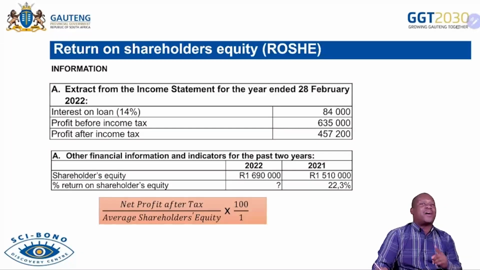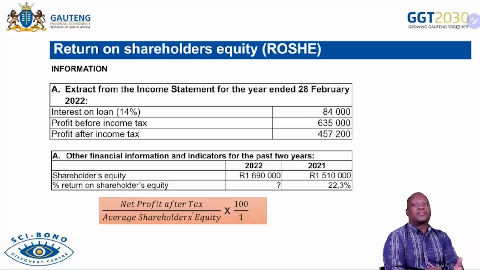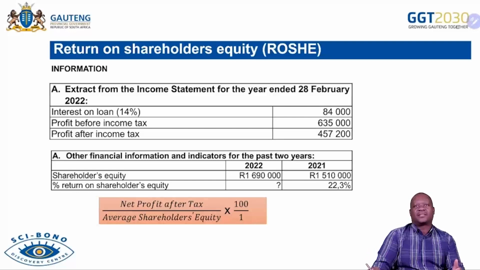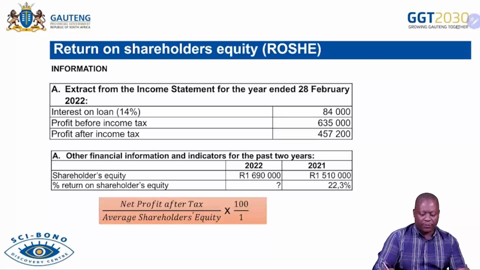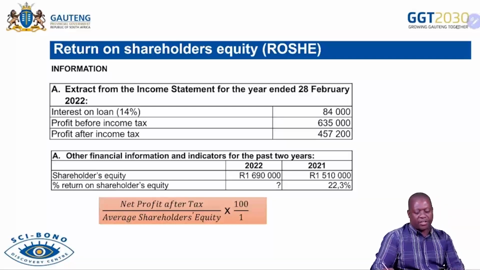Remember, when they say average in financial indicators, it means we find the opening balance and the closing balance, add the two together and divide by 2. That's how you get your average.